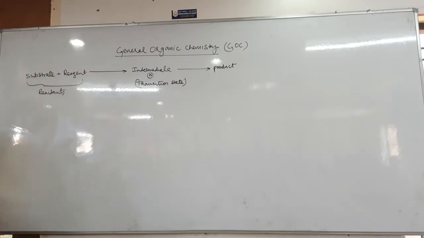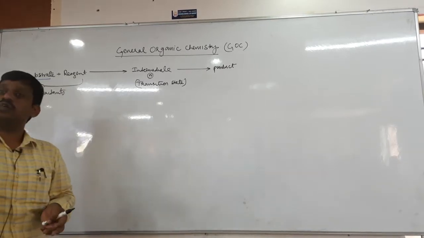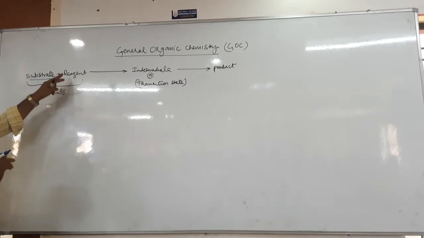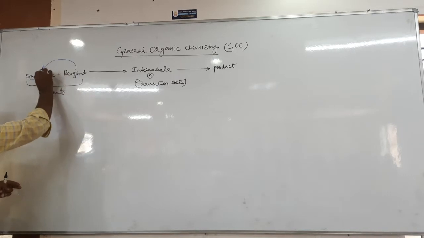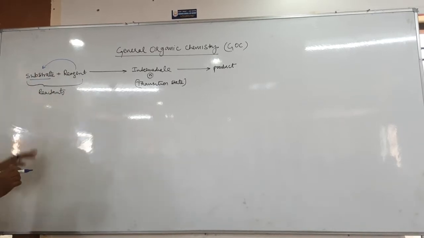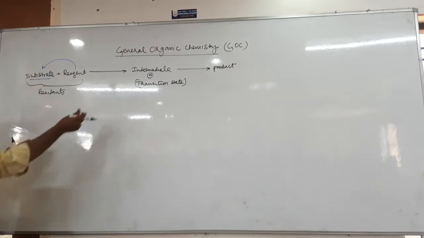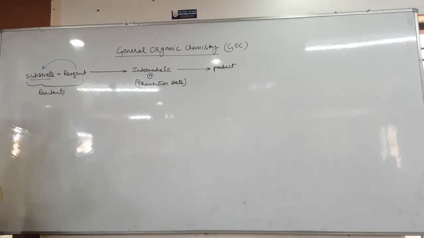Now we need to understand what the reagent and the substrate are. The substrate is a reactant which is attacked by the reagent. Remember, the reagent always attacks the substrate. So the reactant which is attacked by the reagent is called the substrate.